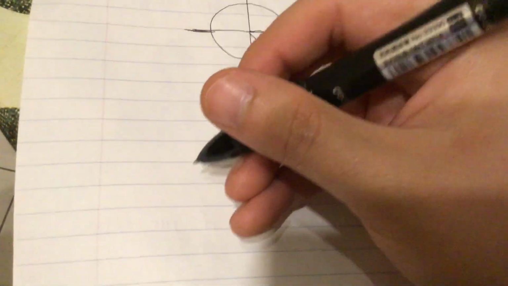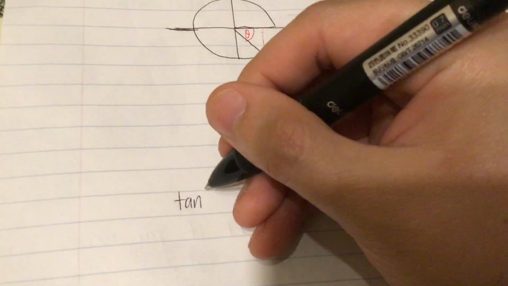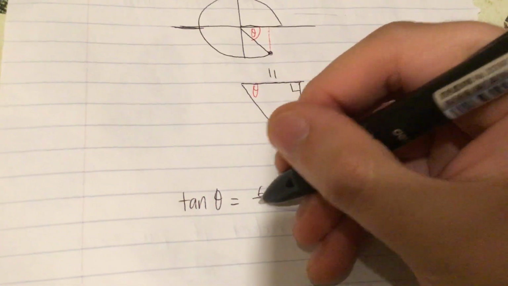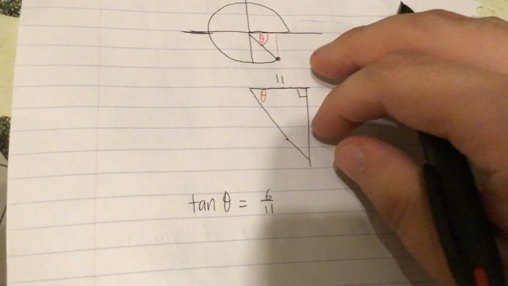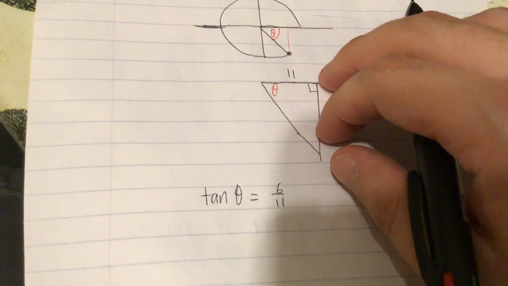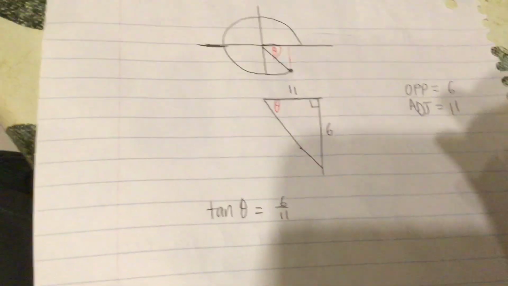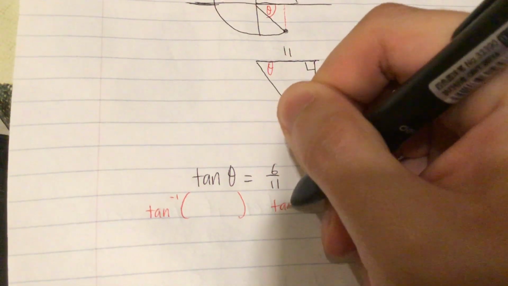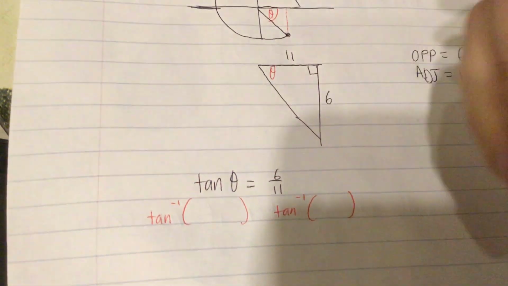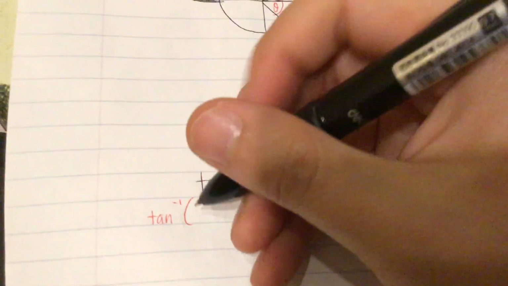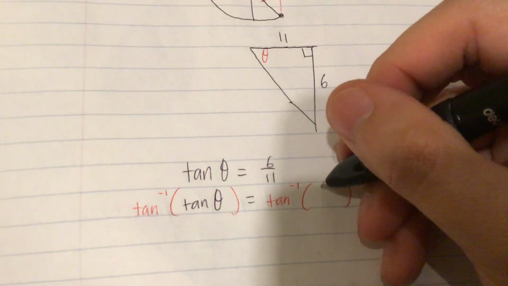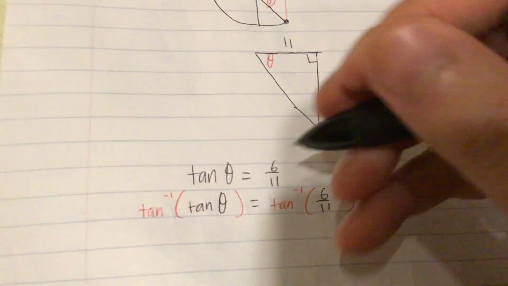So now I've got the tangent of angle theta is equal to 6/11. And in order to cancel out the tangent to get to angle theta, I need to apply the inverse trig function on both sides. So the tangent of angle theta is equal to 6/11, where I apply tangent inverse on both sides.